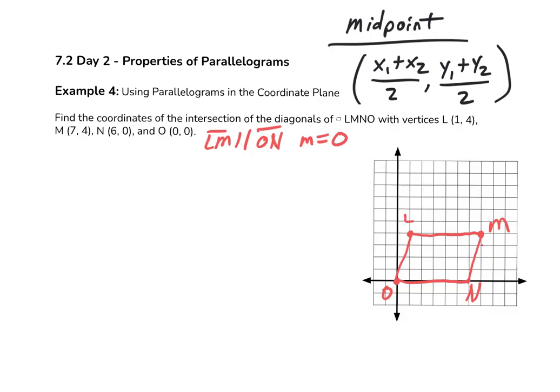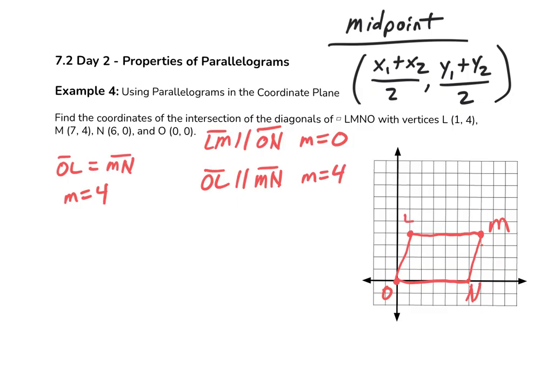So both of these, I'm going to say that OL and MN both have a slope of 4 over 1, right? And so I'm going to say that OL is parallel to MN because they both have the same slope.